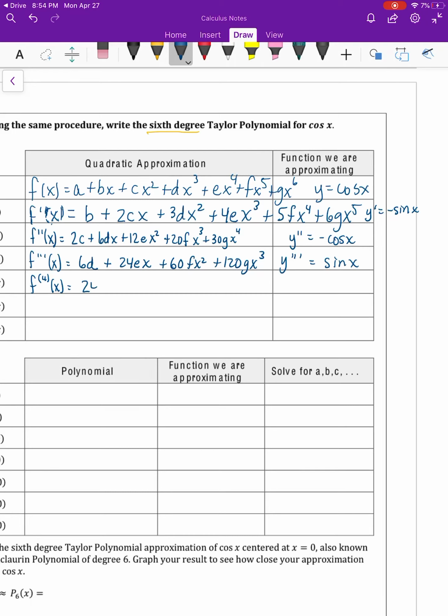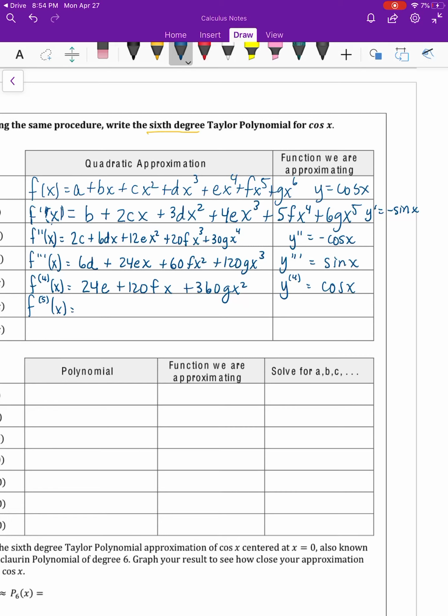Our fourth derivative is going to be 24e plus 120fx plus 360gx squared. Our fourth derivative here is going to be cosine x.